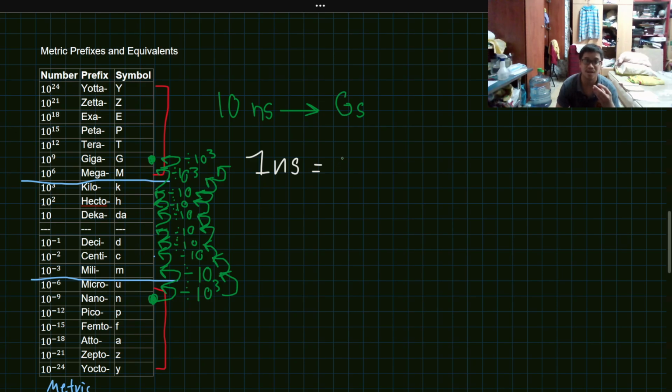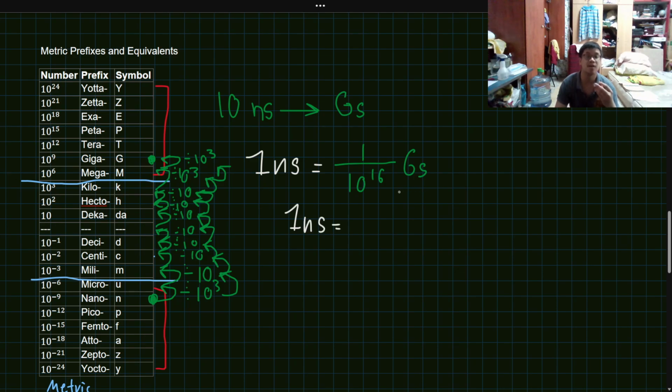So that means you have 1 all over 10 raised to 16 gigaseconds. Or it's better if you would rewrite it this way.